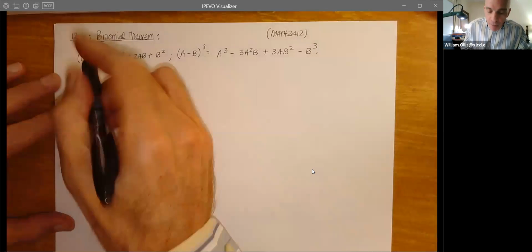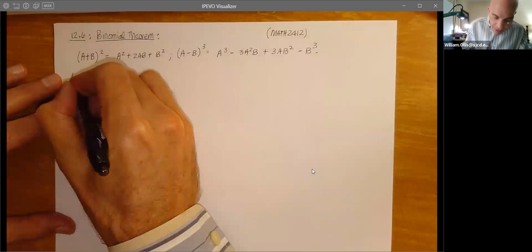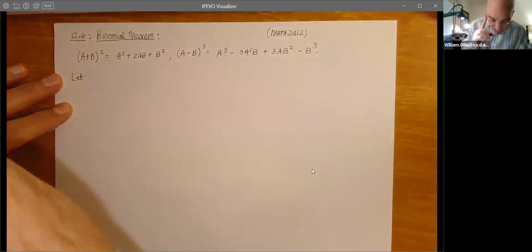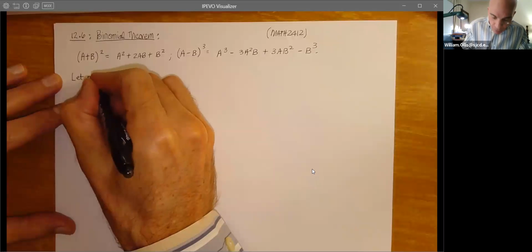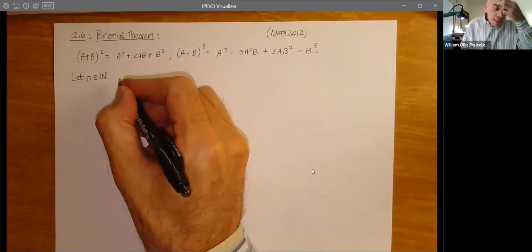Now, what I want to do is talk about the factorial function. So let n be a natural number. Okay, so n is a natural number.